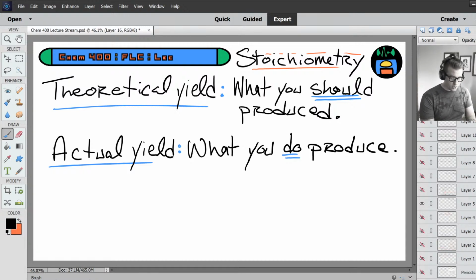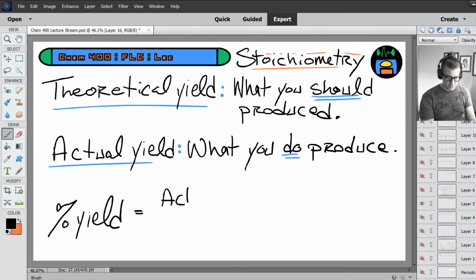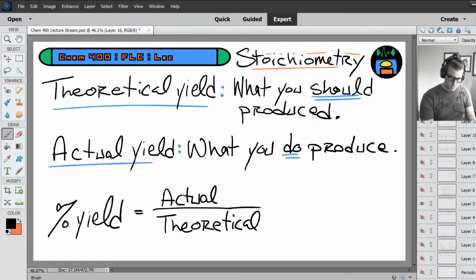And then there's something called a percent yield. Percent yield is equal to your actual yield divided by your theoretical times 100.